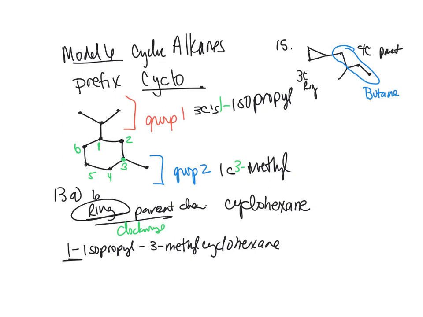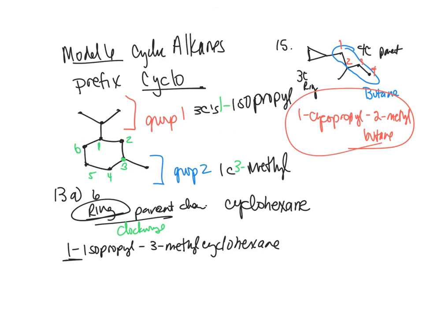And then you would name this as 1, 2, 3, 4, and then 1 would be propyl dash 2-methyl butane. And I think that might be a little bit more confusing, but that's pretty much the acceptable.